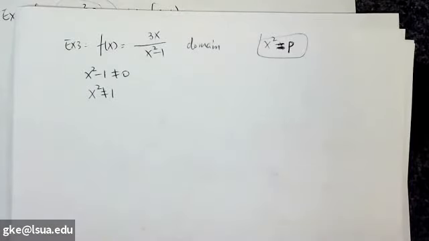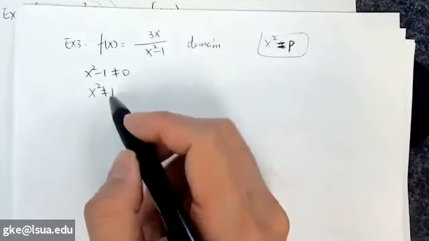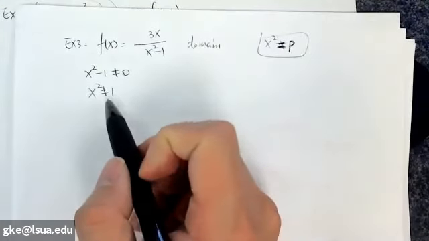What's the root? Should it still be x? Should be x. x is not equal to 1. What else?